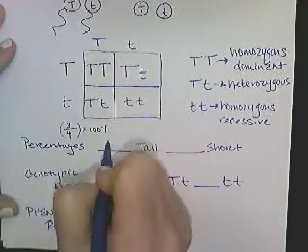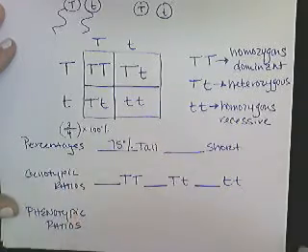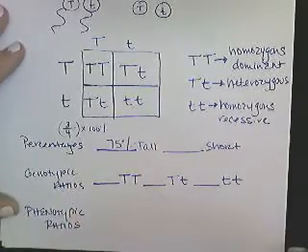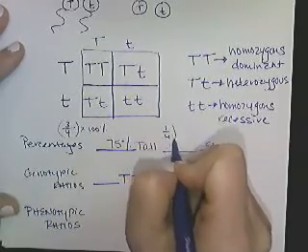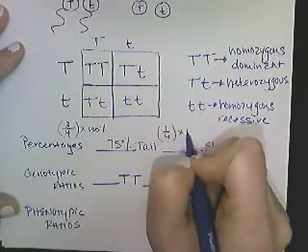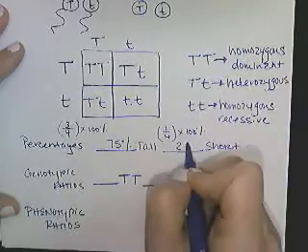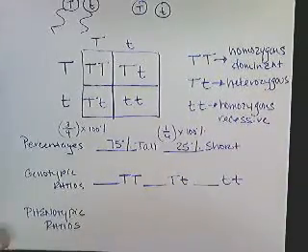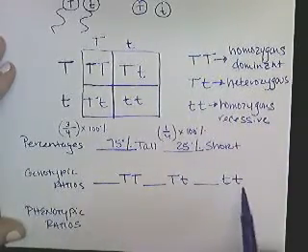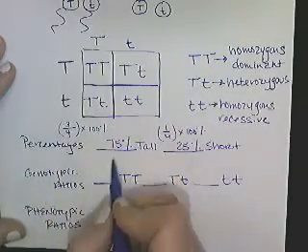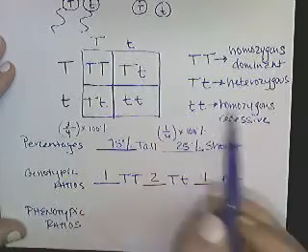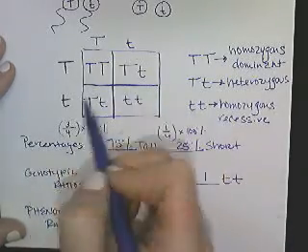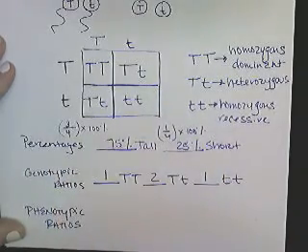So we end up with a 75% chance that these offspring could end up tall, and 1 out of 4 times 100%, a 25% chance that the offspring would be short. Then for the genotypic ratio, we'll just count them. It will be a classical 1 to 2 to 1 ratio for the cross between two heterozygous parents.